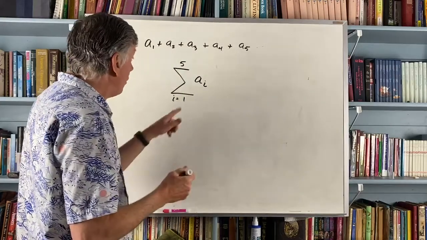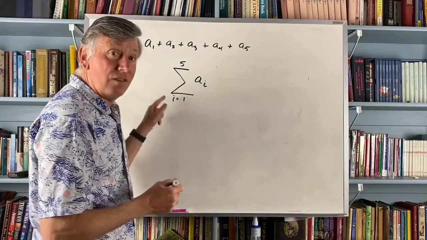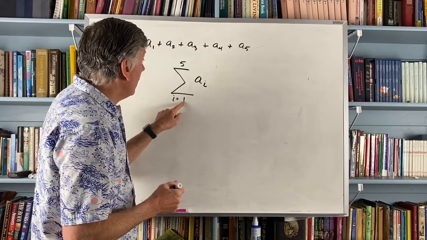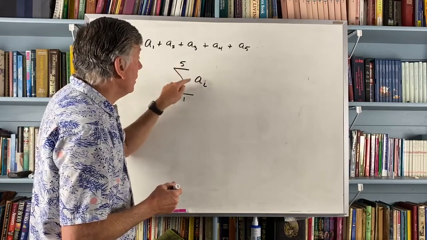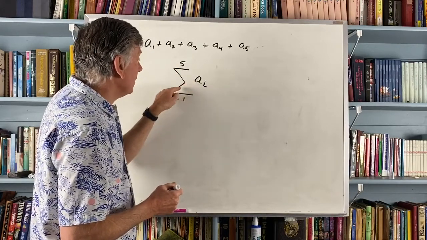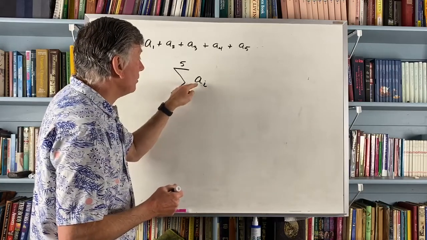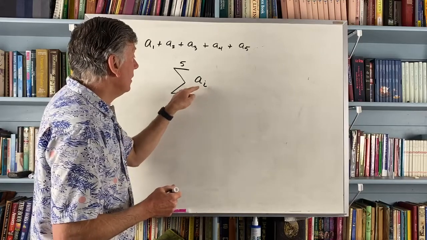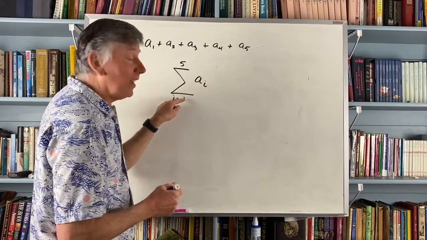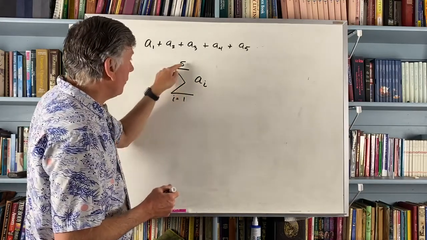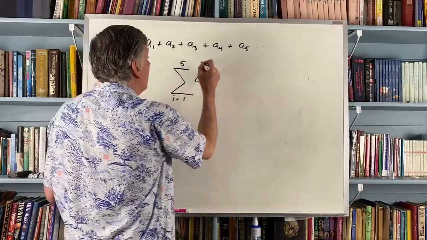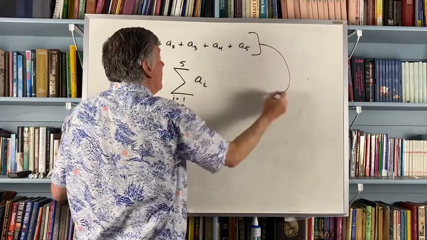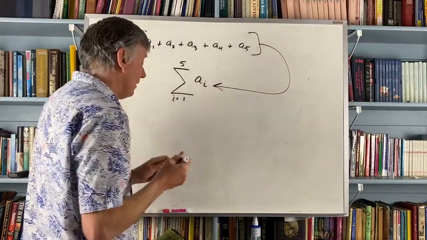And so when you see this summation sign, I'm going to start at 1, I'm going to end at 5, and I'm going to be adding, that's the summation, A1, when i is 1, plus A2, when i is 2, all the way up to 5. So this whole thing here is represented by that.